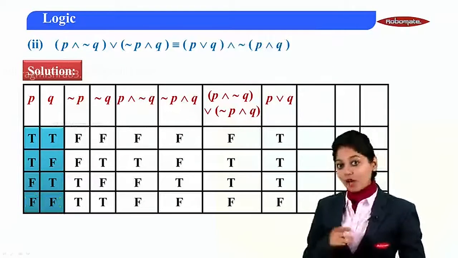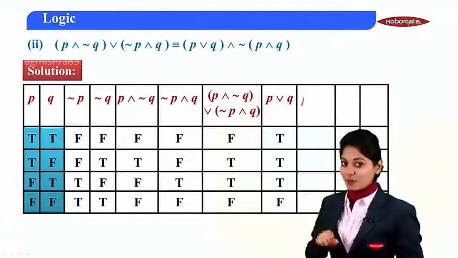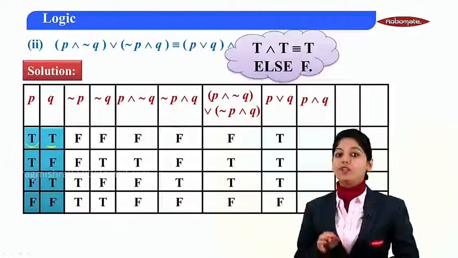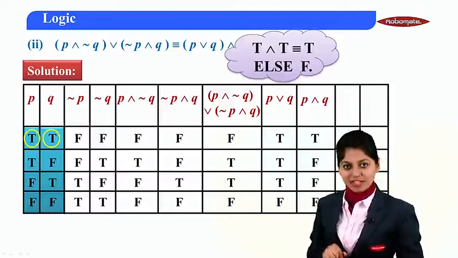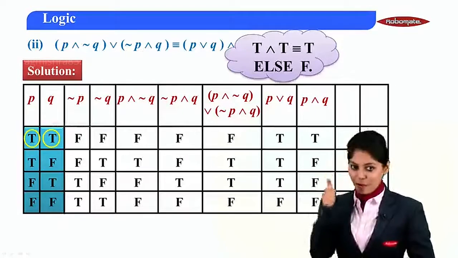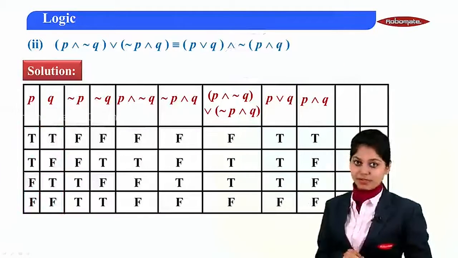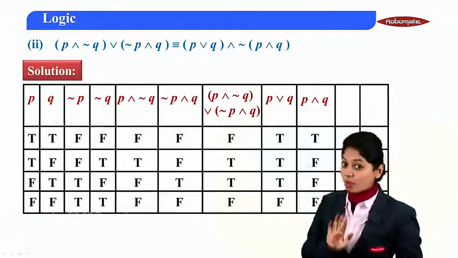Understood? Now you can go for the next bracket. That is P and Q. P and Q. Okay class. P and Q, you will find true and true. True and true giving you true. While for the rest of the cases it will be given as false. Understood? So now class, you have P and Q also ready. But do we have the second bracket as P and Q only?